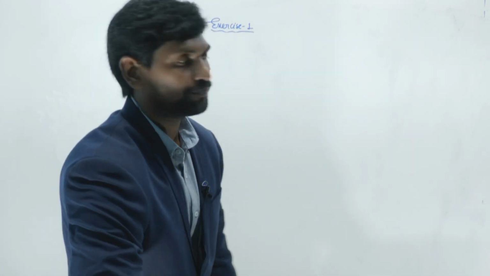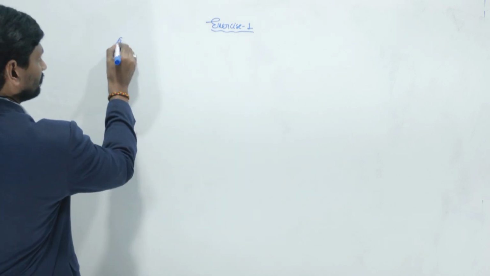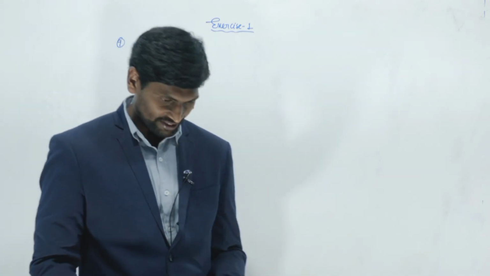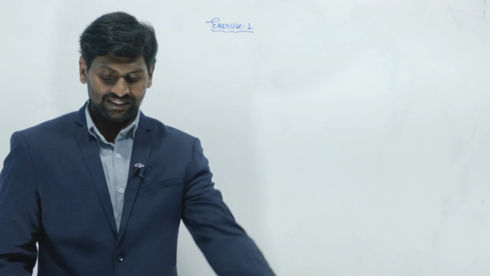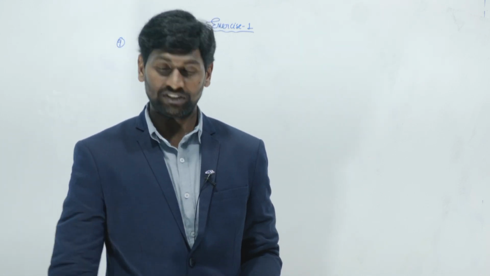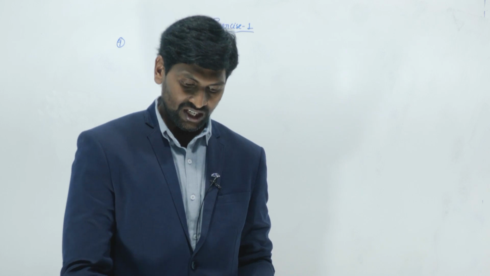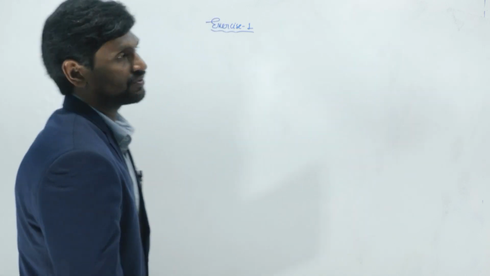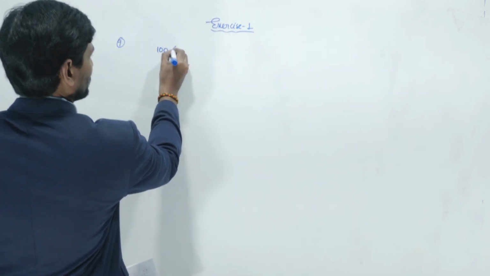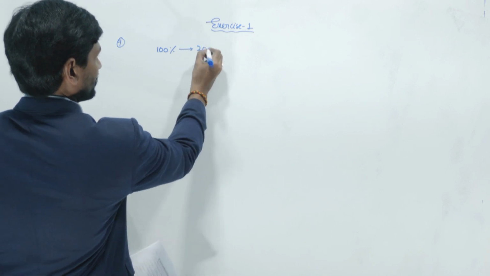Problem number 9. Yeah, the ninth question is given. A bookseller sells his books at a profit of 10%. So selling price 110% we can take. Okay. And if he buys a book from the distributor for 200 rupees, how much does he sell it for? So 100% consider his cost price is 200 rupees.